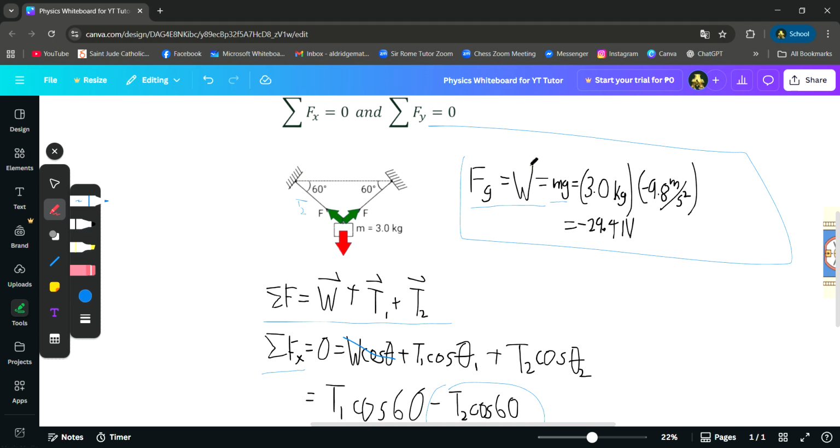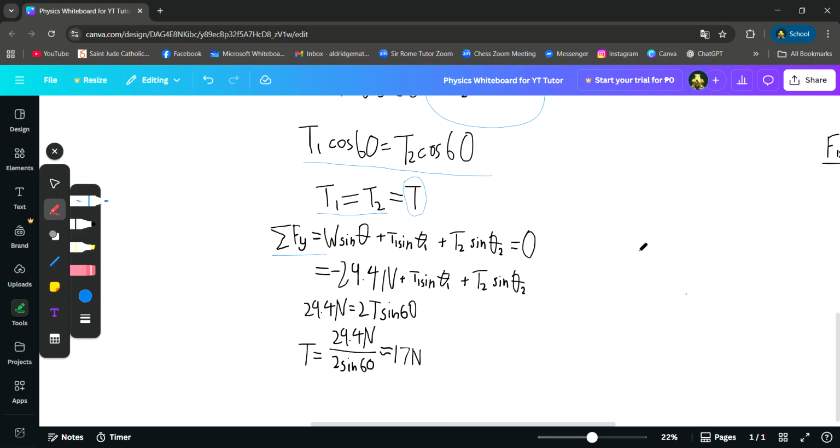But since this is weight, acceleration is negative 9.8 meters per second squared, and mass here is 3.0 kilograms. So we multiply that, it will become negative 29.4 newtons. Down here, we replace that.